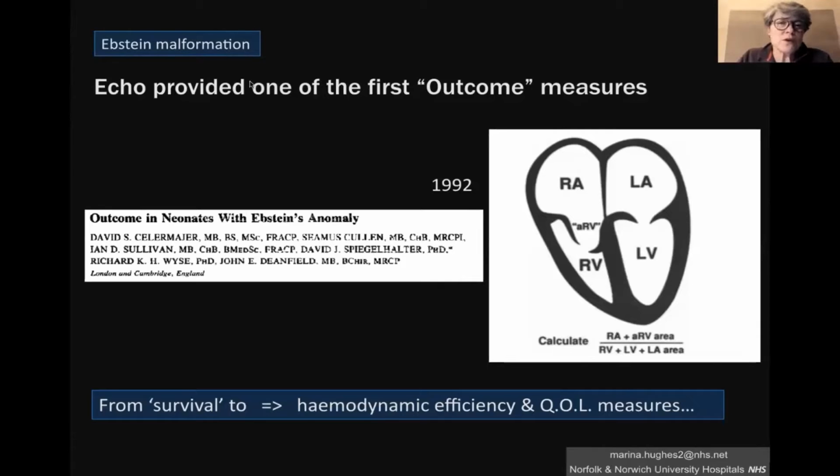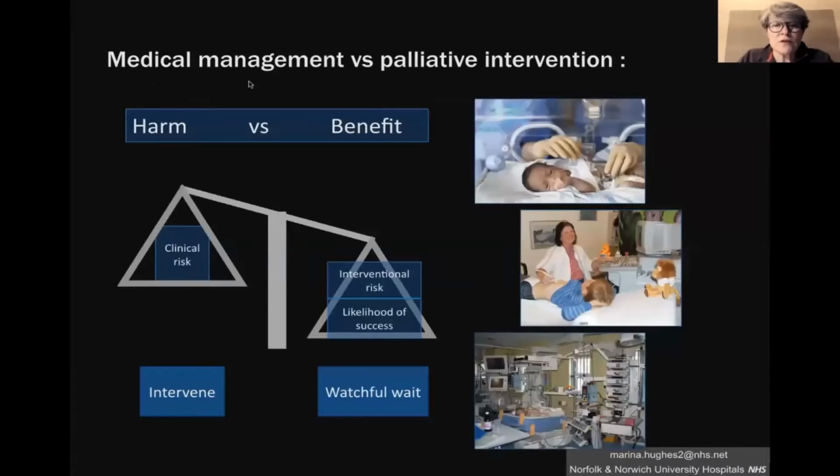But we've moved beyond just survival as an outcome measure to more granular measures of hemodynamic efficiency and quality of life. And echocardiography in all of those stages helps that very difficult balance of intervention and likelihood of success of intervention with the risk of clinical medical management and watchful waiting.